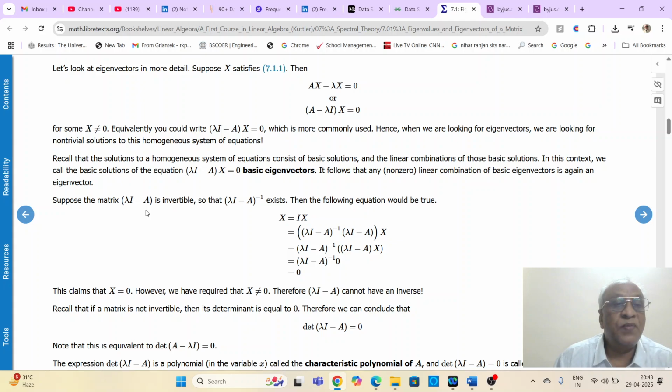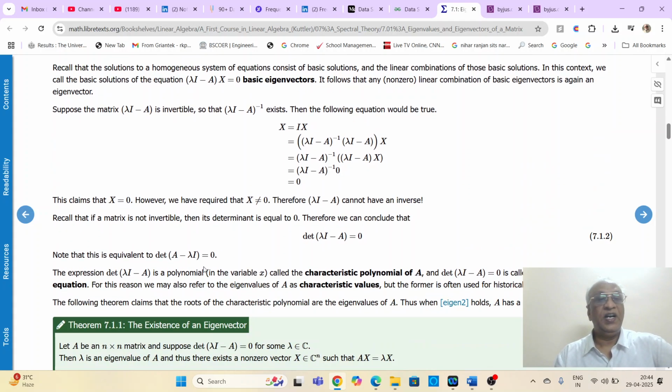Now for lambda I minus A, let us say it is invertible, so the inverse exists. So let us put this in the equation: X is equal to IX, and I can be represented as lambda I minus A inverse times lambda I minus A, into X. So here lambda I minus A times X will be equal to 0. 0 multiplied by anything is 0.